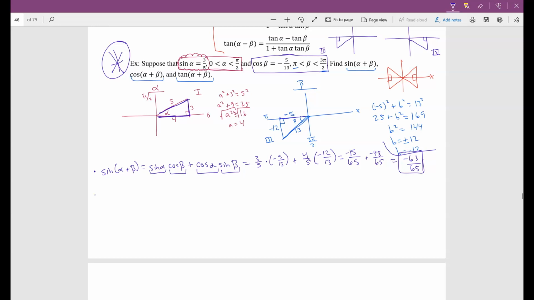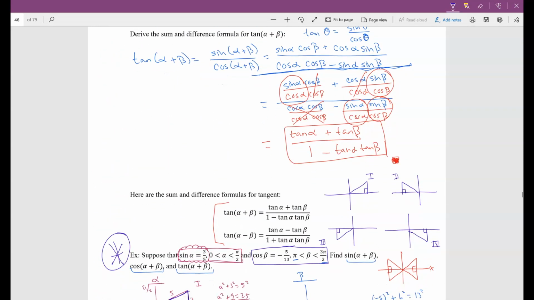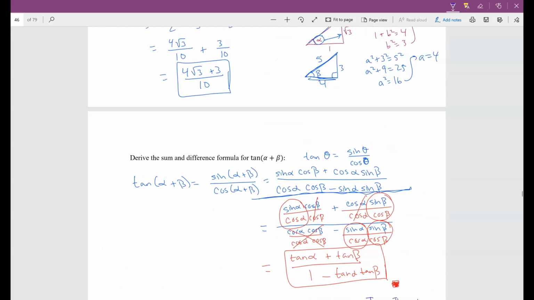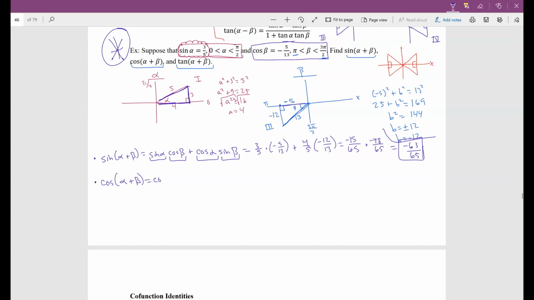Now we've found the sine of alpha plus beta. Now we've got to find the cosine, so the cosine of alpha plus beta. Again, if you forgot what it was, you can just go back up, or you can just look at the formulas. So this is going to be cosine of alpha, cosine of beta, minus sine of alpha, sine of beta.